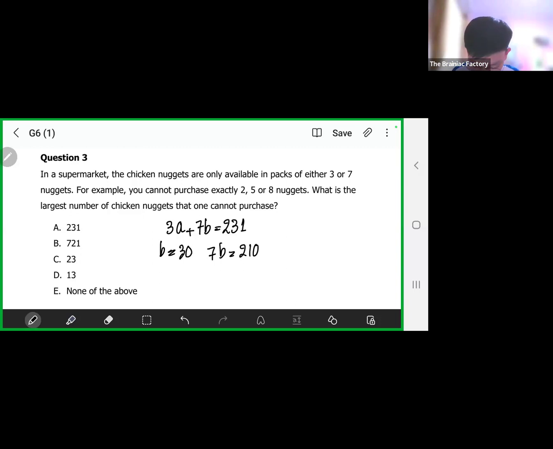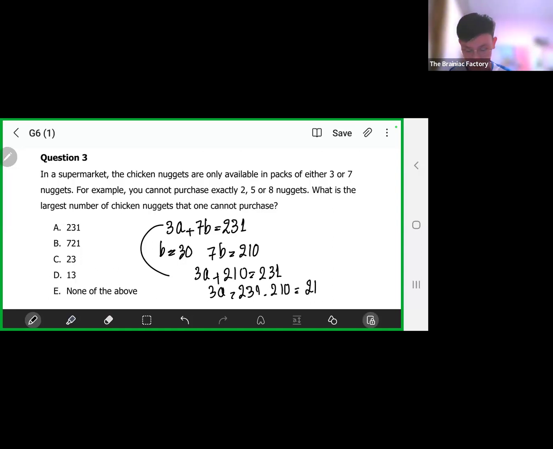Then 3A is 231 minus 210, and that gives us 21.